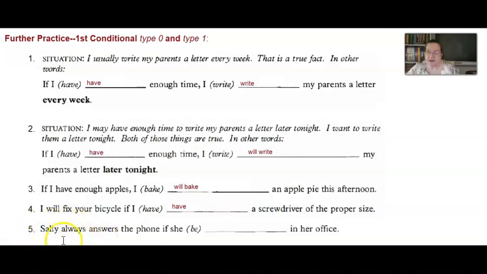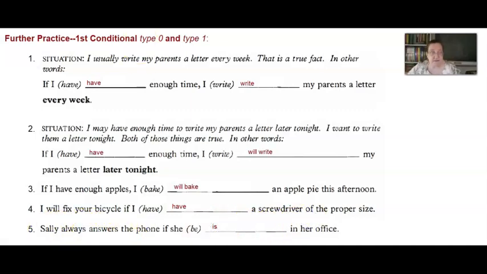Aha! Here we have an adverb of frequency. So this speaks of a routine, just like in the first one right here, every week. So we're talking about a routine, a habit. So what does that tell us? Present simple. Yes, you're right. So Sally always answers the phone if she is in her office.